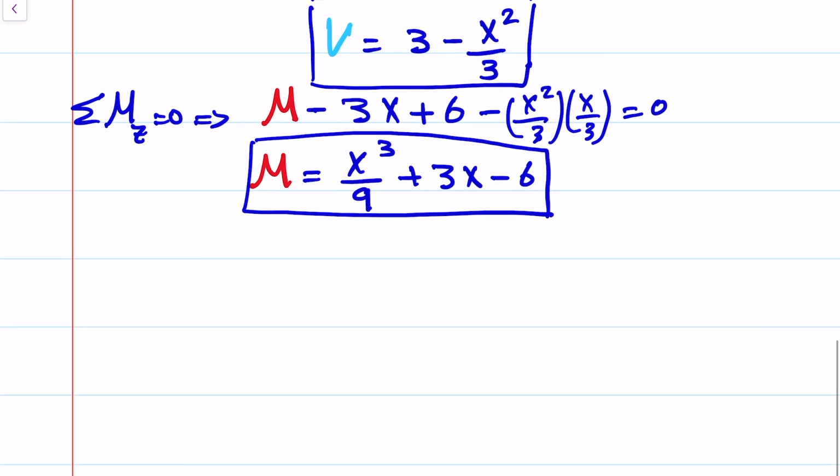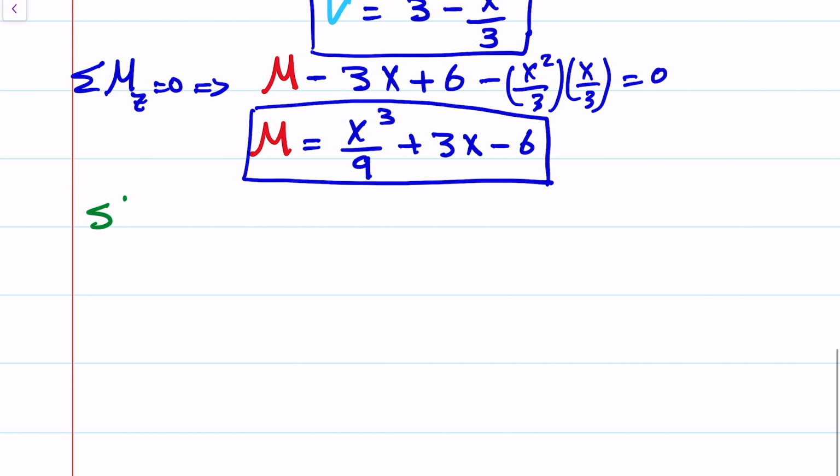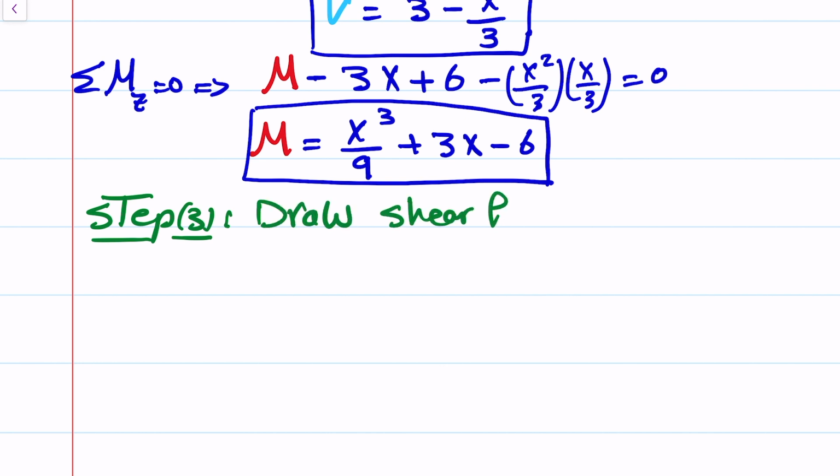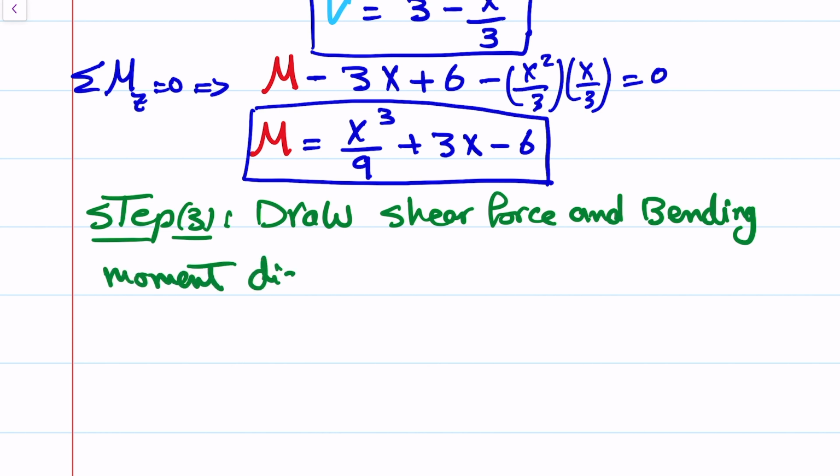And the third step is to draw shear force and bending moment diagrams.